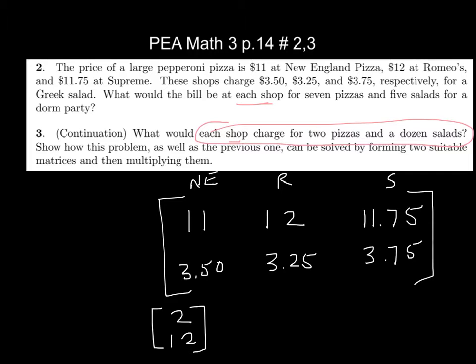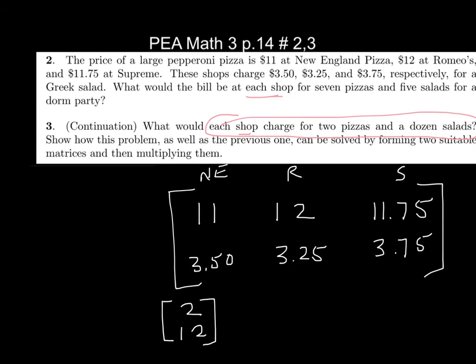But is it possible for me to take this 2 by 1 matrix and multiply it by a 2 by 3 matrix? No. Because I have to have... so what would you say, Amanda?